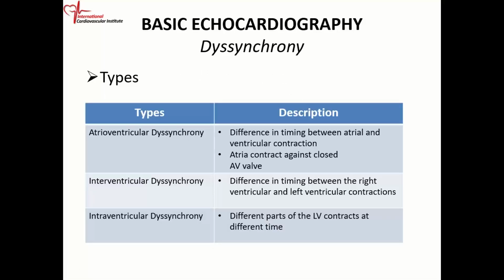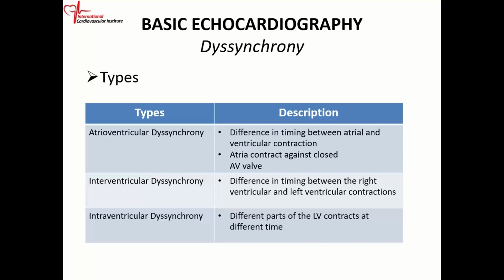So these are the different types of dyssynchrony. We have atrioventricular dyssynchrony. What we mean by that, if you go over the function of the heart, you know that on the right side, blood is going to enter the right atrium from the inferior vena cava and superior vena cava, right?